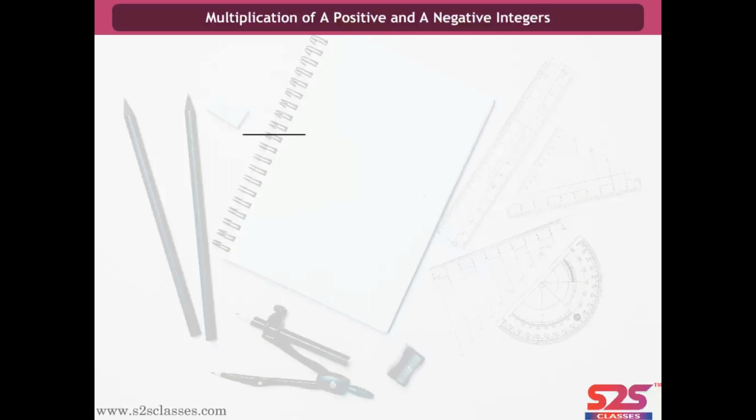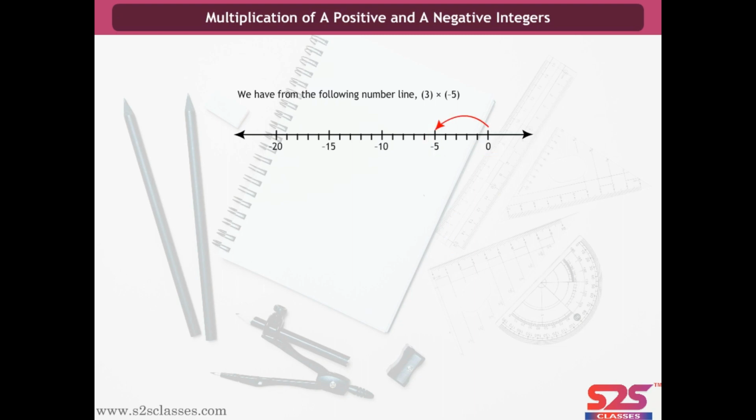Multiplication of a positive and a negative integer, that is 3 into minus 5, which is represented on the number line by an arrow as 0 to minus 5 to minus 10 to minus 15.